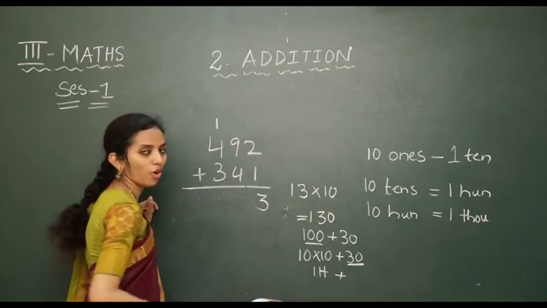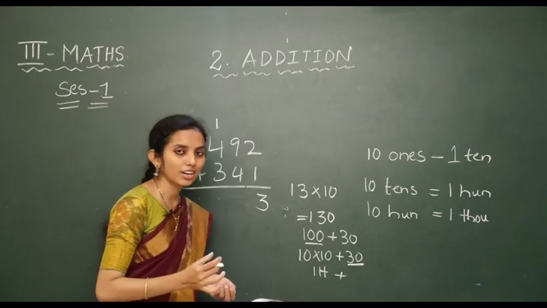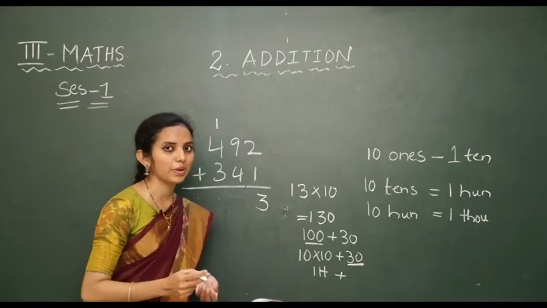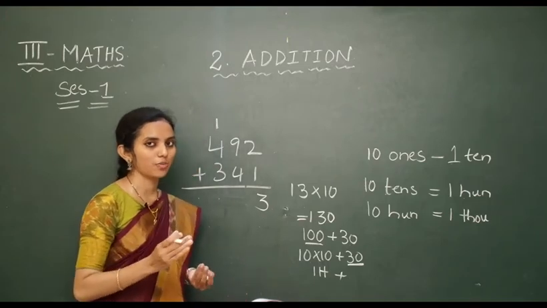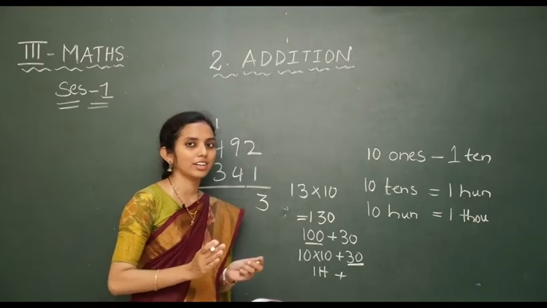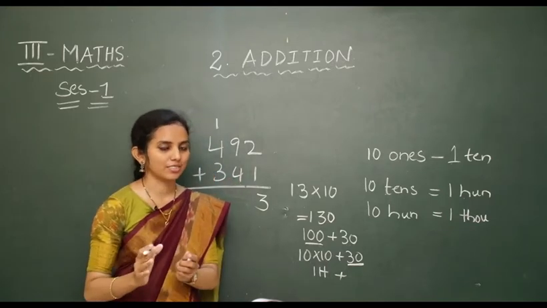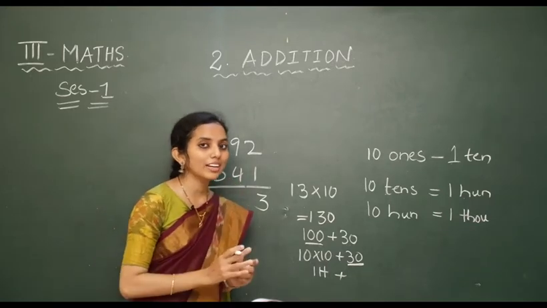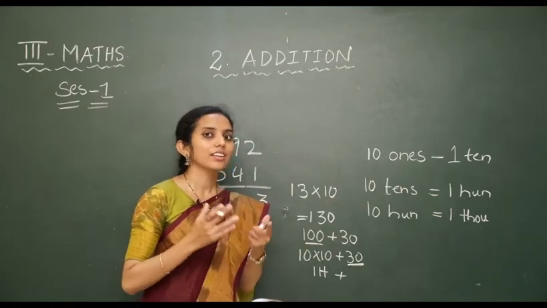9 plus 4 is 13. But what is 13? Is it just 13? No, it is in tens place. So, we can divide 13 tens into 10 tens plus 3 tens. Yes or no? So, 10 tens is 100 and 3 tens is 30.